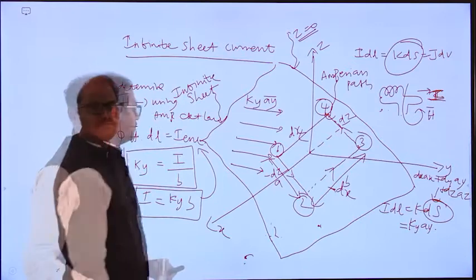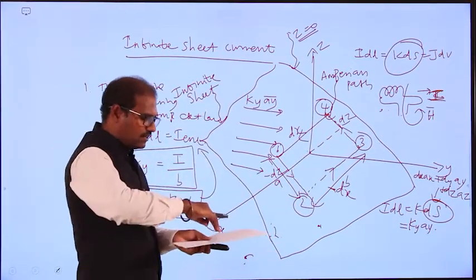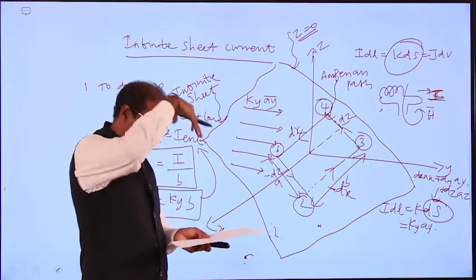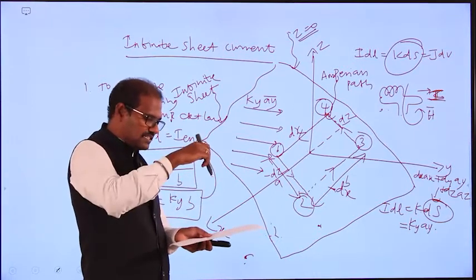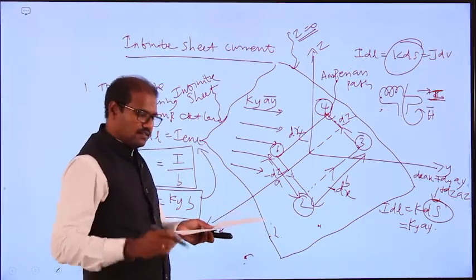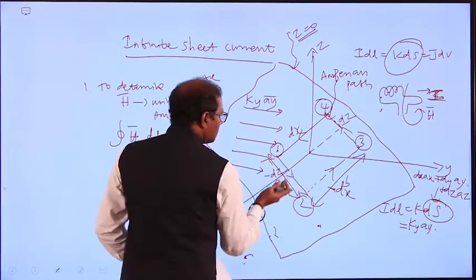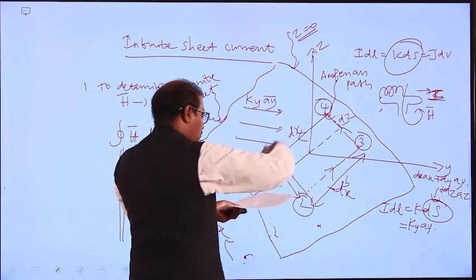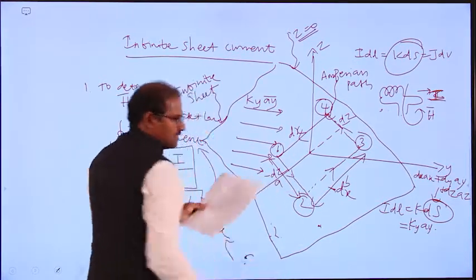Again, we keep our Ampere path vertical to the surface: plus z, minus z, plus x, minus x. So the bottom is minus dx, this will be dz because the field component is like this, and then minus dz.